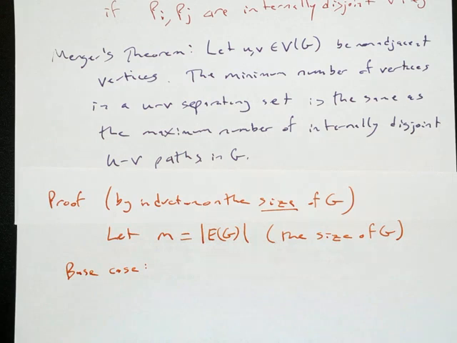What is the fewest number of edges I can have in a graph? Zero. In which case, all the vertices are already separated, aren't they?